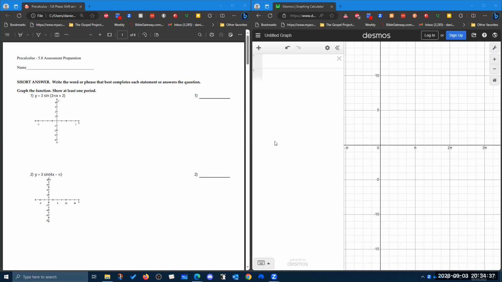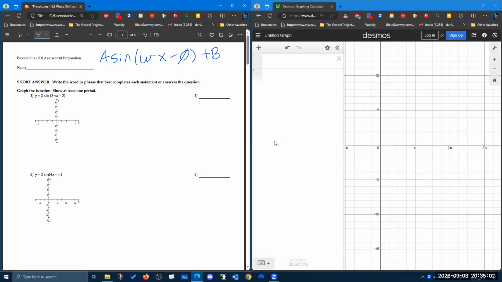Let's go ahead though and talk about phase shift. Phase shift is going to happen because I have the form of a sine of omega x minus phi plus b.